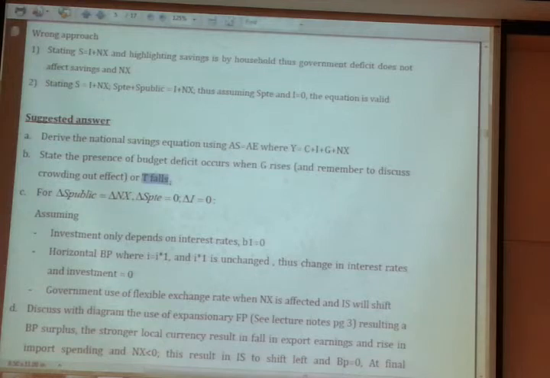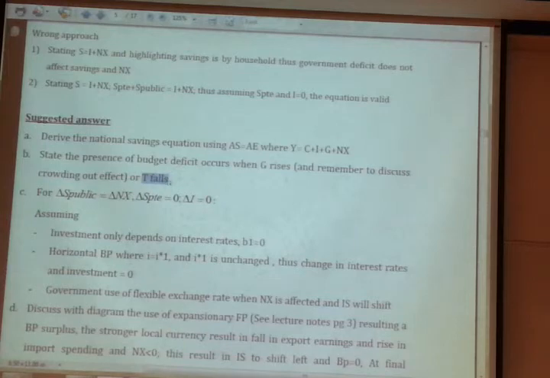So I look at these two other terms. If I want this S public to be equal to NX, I need my S private to be 0. So you have to think carefully. How can S private be 0? In other words, change in income must be 0. So a lot of planning is required for this question even before you do it. The answer is not just writing out an equation like that.